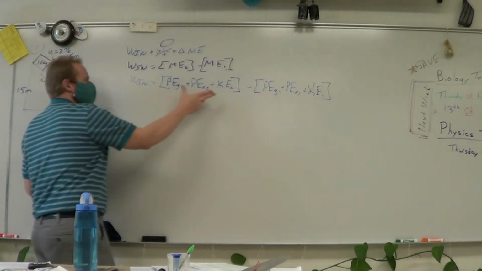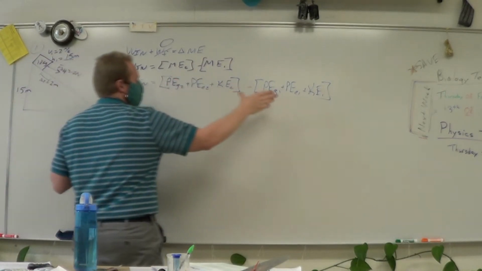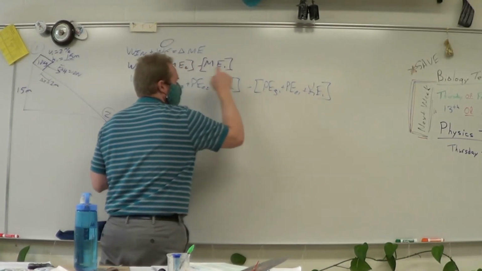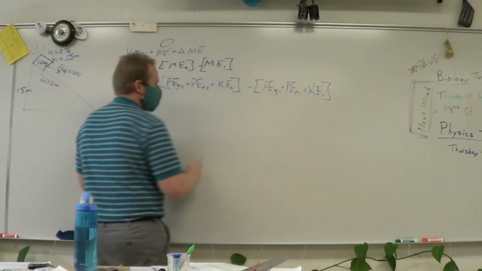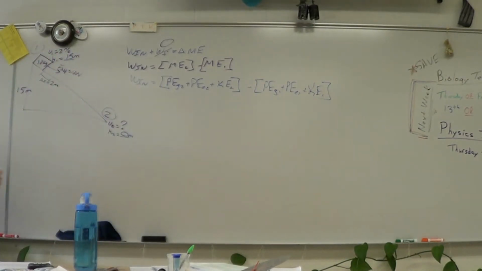These three energies added together are ME2. These three energies added together are ME1, and it's minus the sum of those three. Order of operations is important. So you're going to subtract the sum of those three energies.